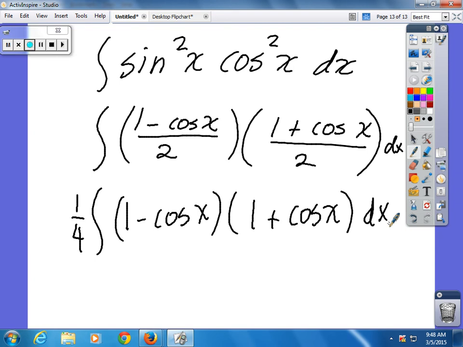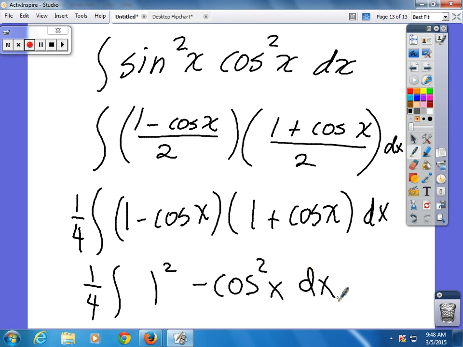Here's the problem with the take it apart, put it back together. 1/4 antiderivative of 1 squared minus cosine squared x dx. And now what is this? Break these two up. 1 dx minus the antiderivative of cosine squared x dx.